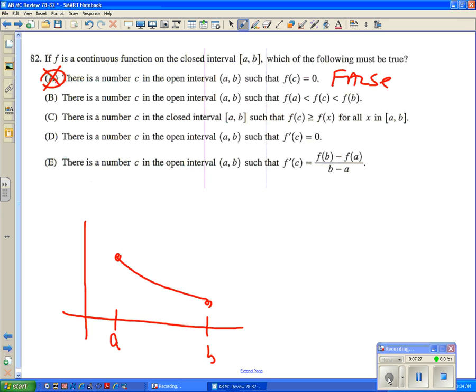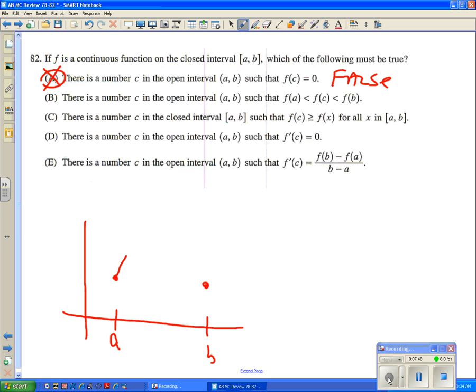Part B says there's a number C in the interval such that f of C is between A and B. Well, I can think of a number, f of A and f of B, that they give the same result.